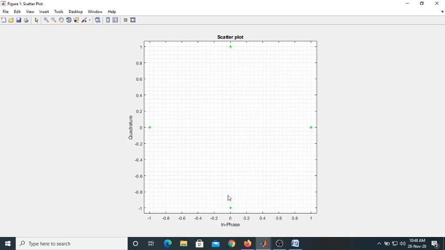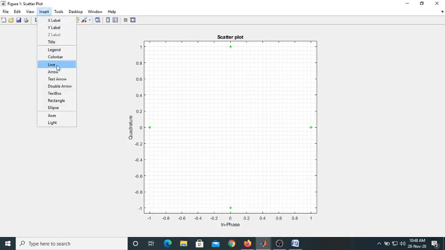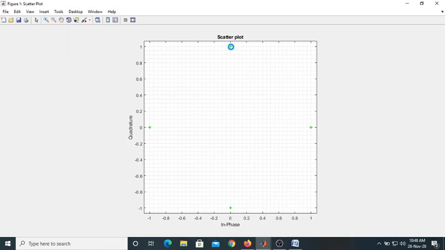It has 4 points. In the class, I might have told you like this. Here they lie exactly on the axis. It is also correct.